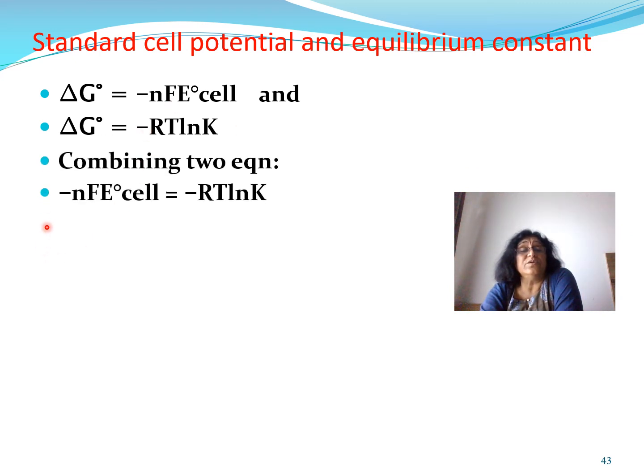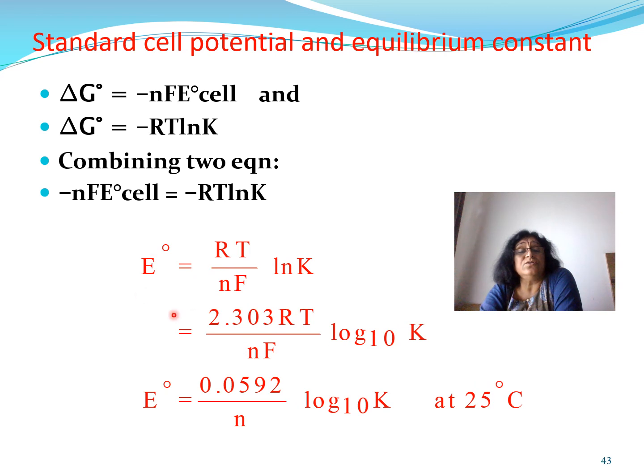Combining the two equations, minus NFE naught equals minus RT ln K. So E naught cell equals RT by NF ln K. Convert ln to log to the base 10 by multiplying with 2.303: RT by NF log to the base 10 K. Putting the values of R, T and F, you get 0.059 upon N log to the base 10 K at 25 degrees centigrade.